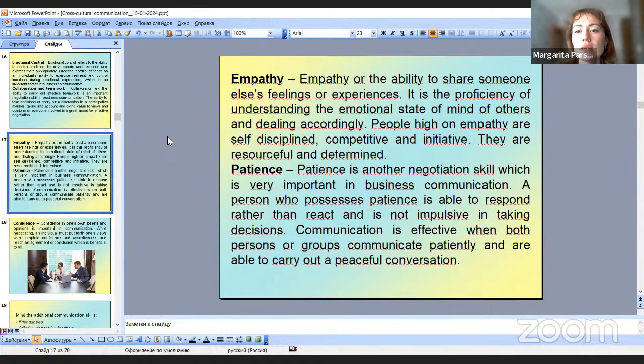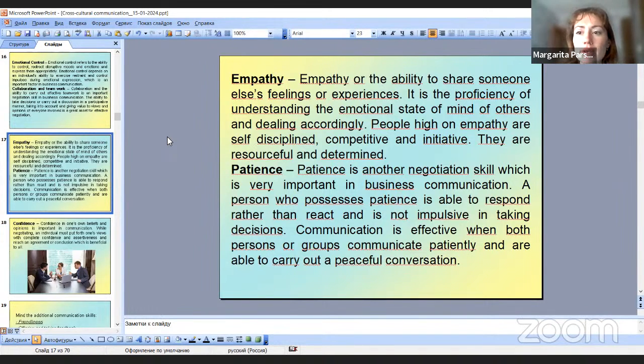So, the ability to share feelings and experience means the ability to express experiences, not just our feelings, but to share experiences on the point we're speaking about.